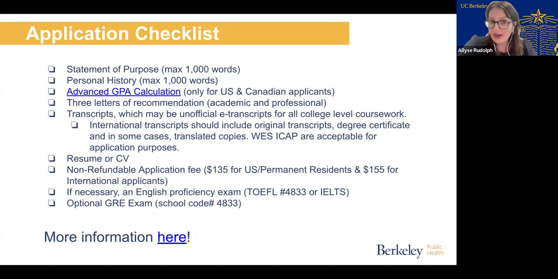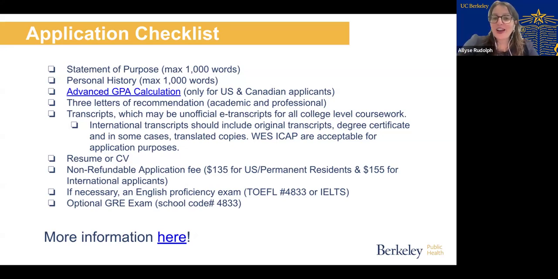And that should also be 1,000 words, but important to remember that it's 2 distinct essays. The next thing that we're going to look for is what's called your advanced GPA. And your advanced GPA is actually your GPA from your last 2 years, or I should say everything after your first 2 years of undergraduate coursework, or everything after your first 60 units of undergraduate coursework.